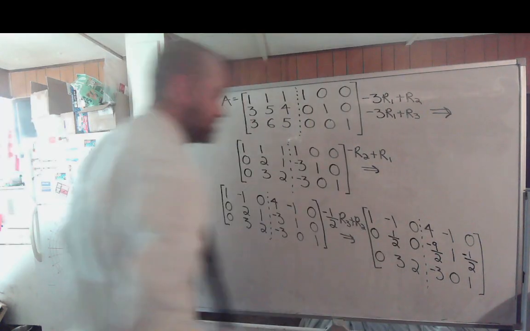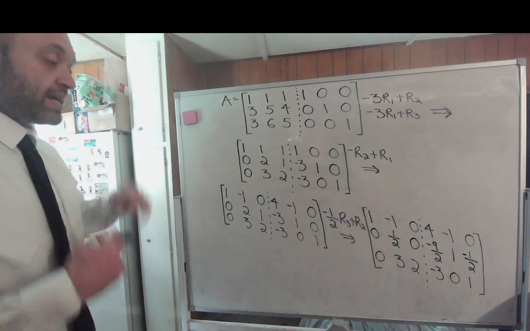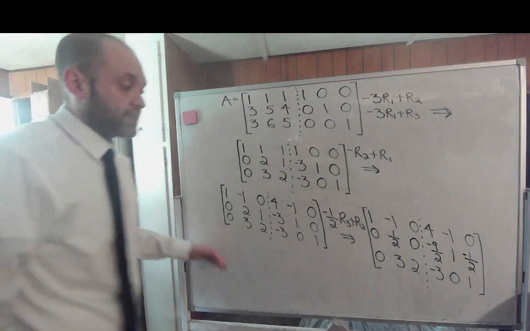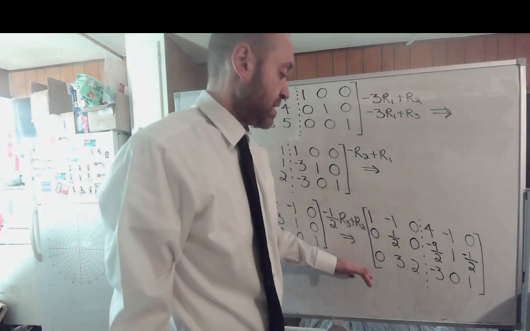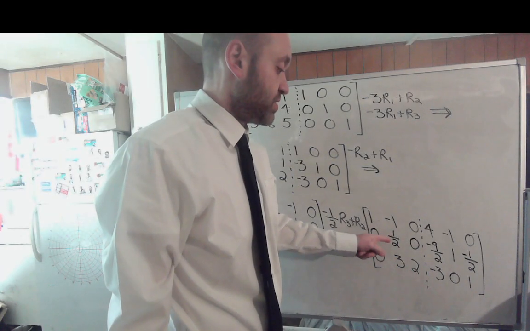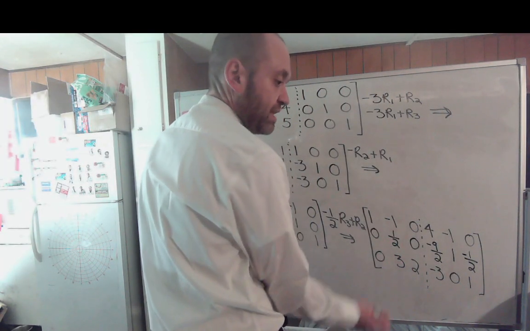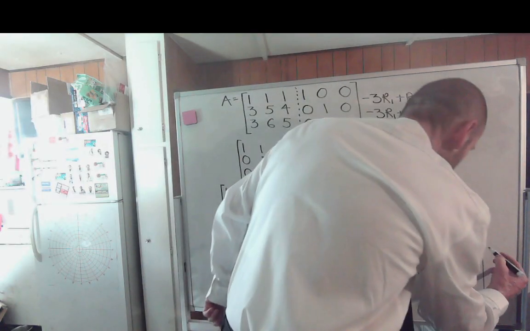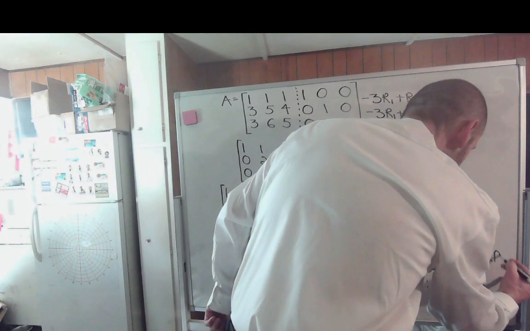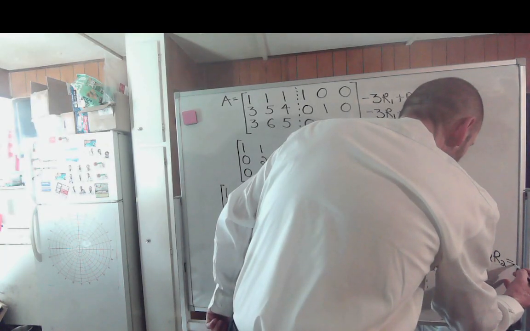Now what can we do here? Next thing I'm going to suggest is we make that leading digit in row 2 a 1. We can just take 2 times, in row 2, excuse me, make that leading digit in row 2 a 1. If I just take 2 times row 2, I can make that happen. So let's go ahead and apply the changes here.